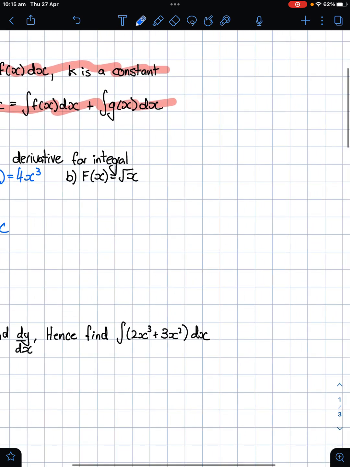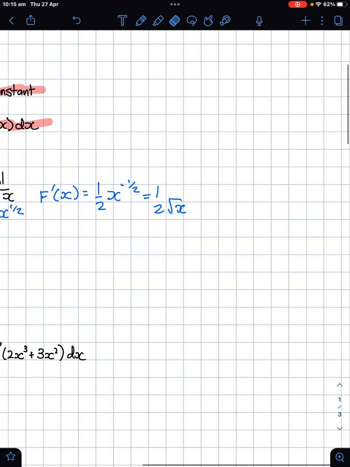So let's look at this next one. Similar thing we're going to practice. If I have a square root, I do the derivative of this. You've got to remember that the square root is x to the half. The derivative of this would be half x to the negative a half, which would equal half square root x on the denominator. A little bit messy there. Let me try and clean that up a bit.